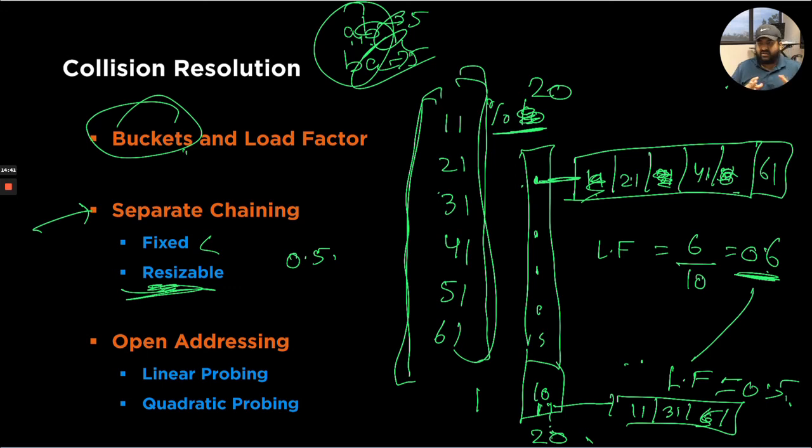So essentially we are moving the data from one bucket and separating it out into other buckets. That's the whole purpose of resizable separate chaining. Whenever we keep track of the load factor and it exceeds a preset threshold, all the values are rehashed. That's the concept called rehashing. All the values are rehashed into new buckets, and that's the cost we incur.